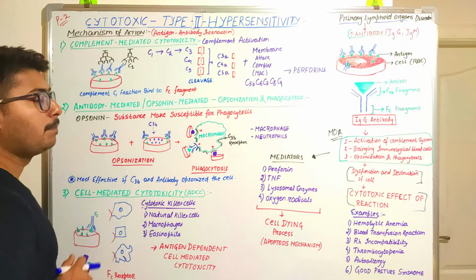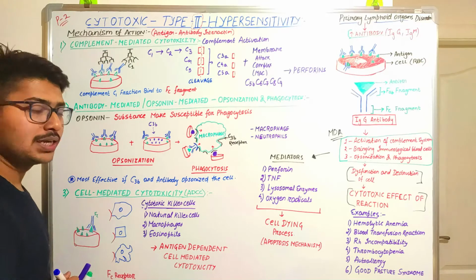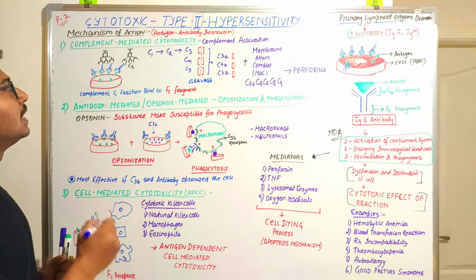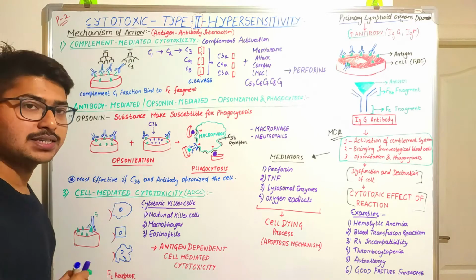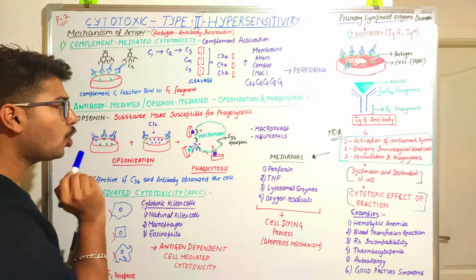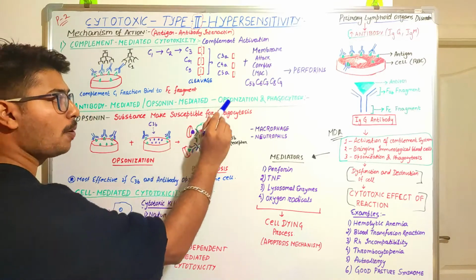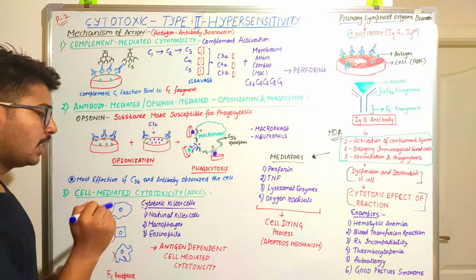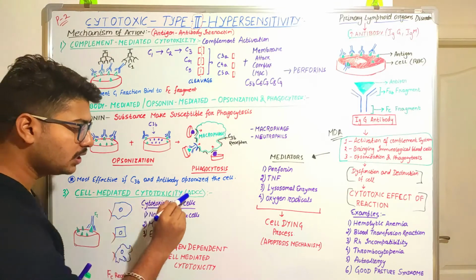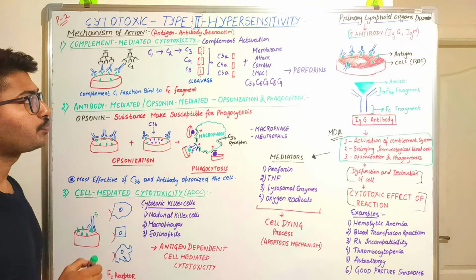Mainly these mechanisms occur in three processes. The first one is complement mediated cytotoxicity. The second one is antibody mediated or opsonin mediated opsonization and phagocytosis. The third one is cell mediated cytotoxicity, otherwise known as ADCC.